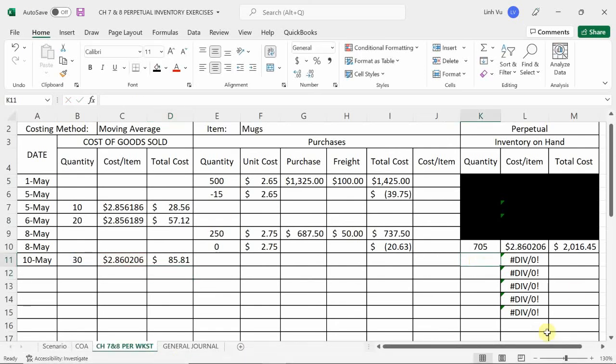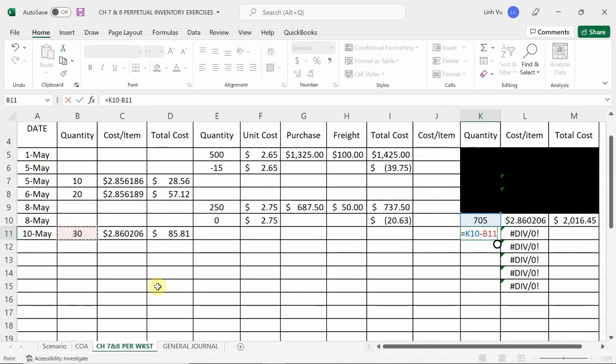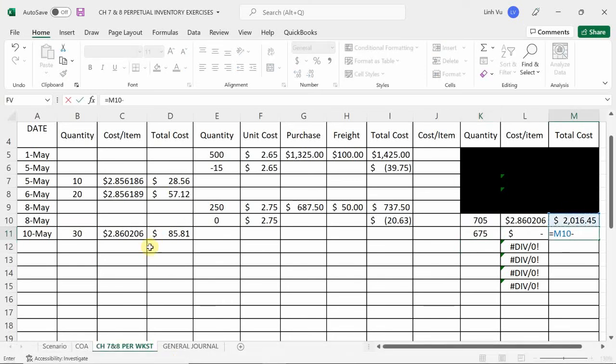I need to update my inventory because I no longer have 705. I just sold 30 of those, so that should give me 675. I do the same thing to my total cost because I sold a total of $85.81. So that should drop my total cost to $1,930.64, giving me an average cost per item that is pretty much roughly the same.